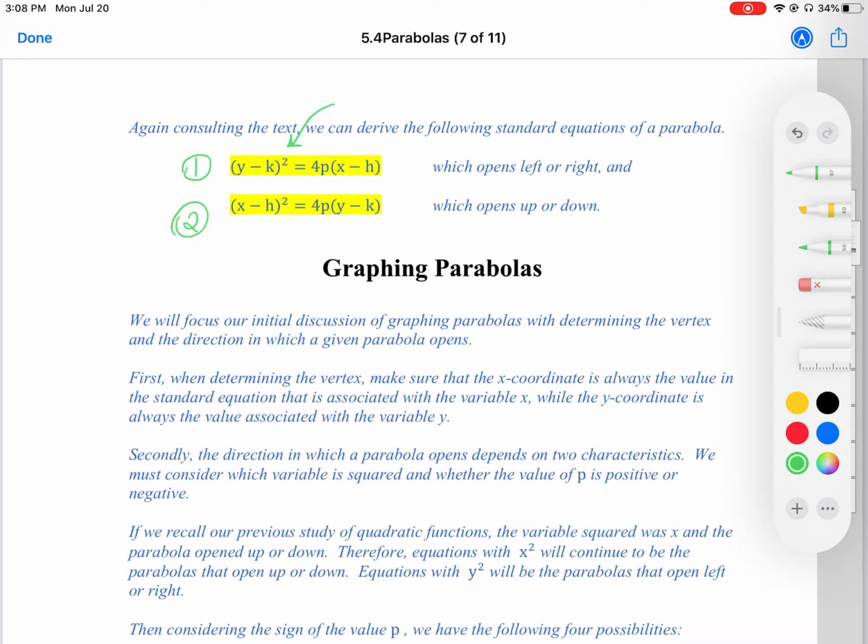Our second example, we have x minus h squared equals 4p times y minus k, which opens up or down. So like before, we would see y equals ax squared plus bx plus c. Our squared term was the x. So if the x is being squared, it's more of a traditional looking parabola, meaning it opens up or down.